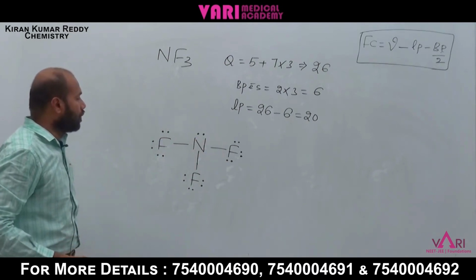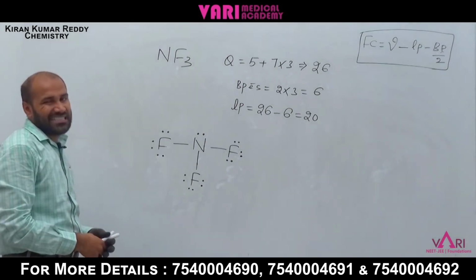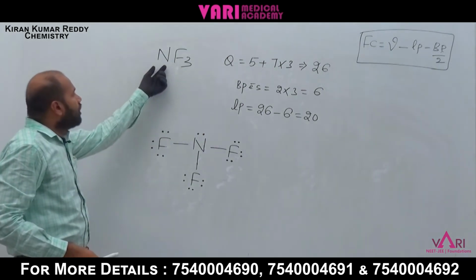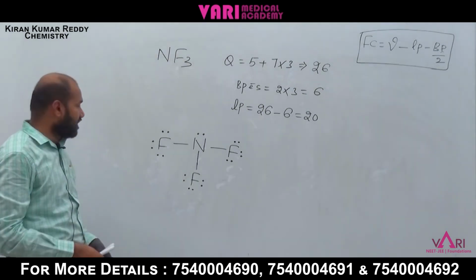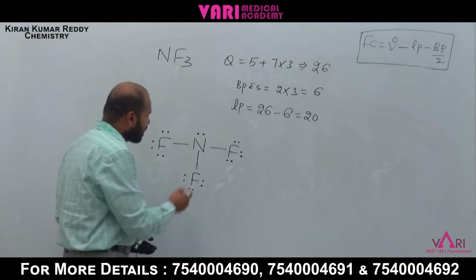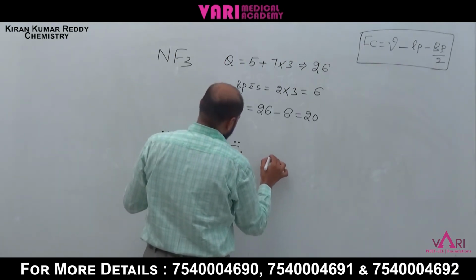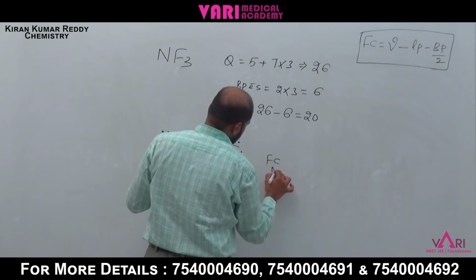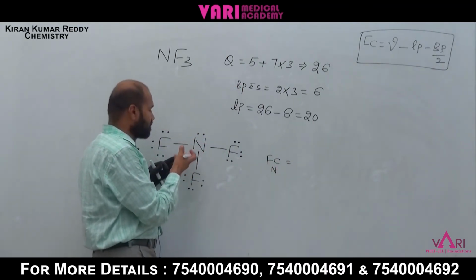This is the Lewis dot structure of NF3. There are no formal charges present. If you check the formal charge of nitrogen, it is 0, you have to check.